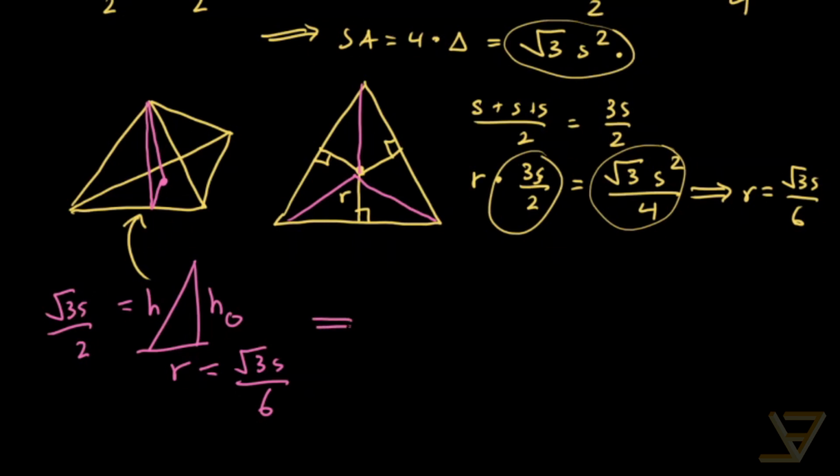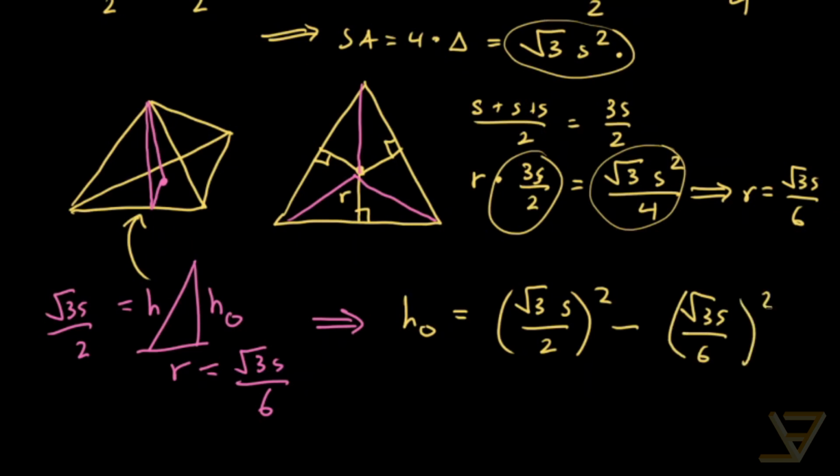And now we can use the Pythagorean theorem. By the Pythagorean theorem, h naught is equal to the square root of (square root of 3 s over 2) squared minus the inradius (square root of 3 s over 6) squared.